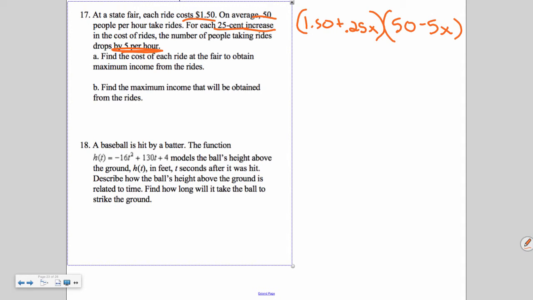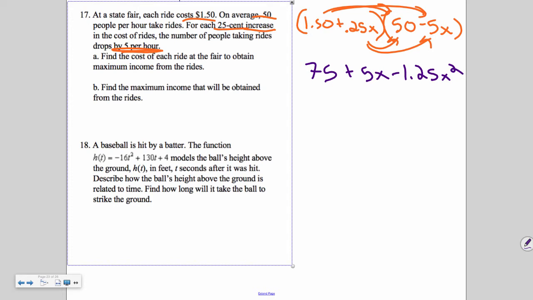After I distribute everything through, what I end up with is an equation that looks like 75 plus 5x minus 1.25x squared, which is my A, B, and C. It's just written backwards. So if I'm finding the cost, I have to do the opposite of B over 2A.